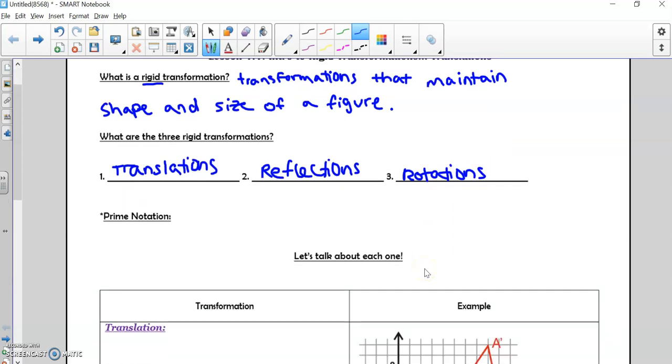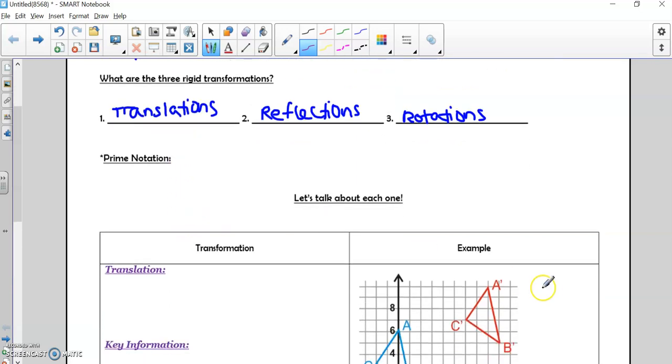Okay, so something that I want to talk about before we really get into transformations is prime notation. What that is, it's how you write and how you draw your figures so that we know which one is first and which one was second. So if you look down here at this example, you see these little apostrophes next to the letters. That means that this is the new transformed image.